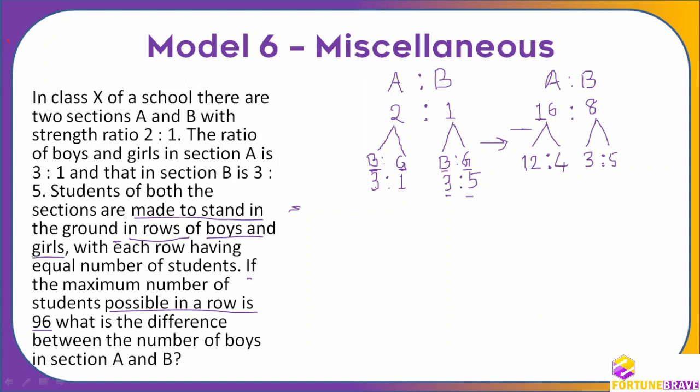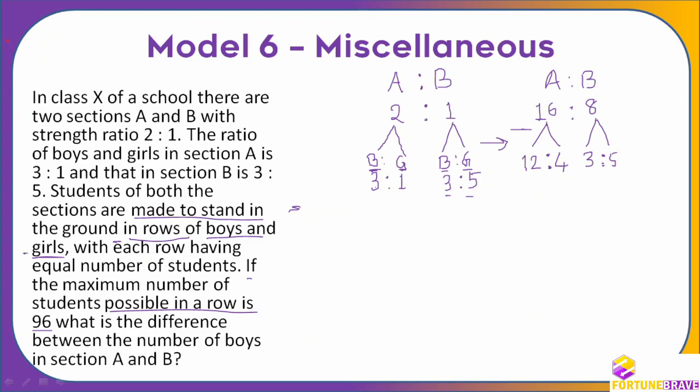So boys have to be in a separate row and girls have to be in a separate row. Now they are asking what is the difference between the number of boys and the number of girls in section A and section B.